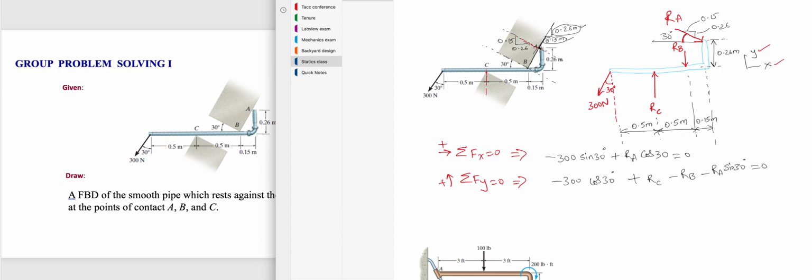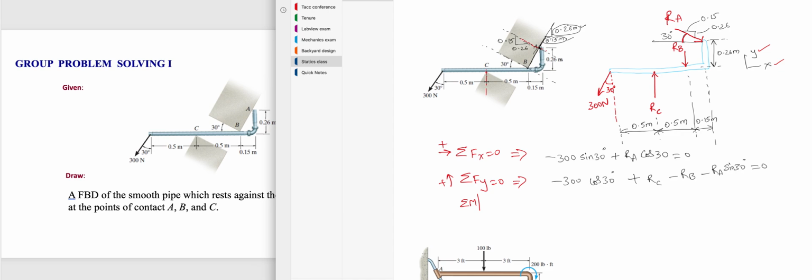And the third, the last equilibrium equation is sum of moments with respect to a certain point in the system. Which point would you suggest taking? We have A, B, C, and the point at which 300 Newton force is acting.